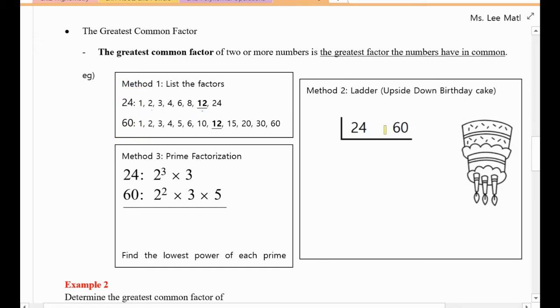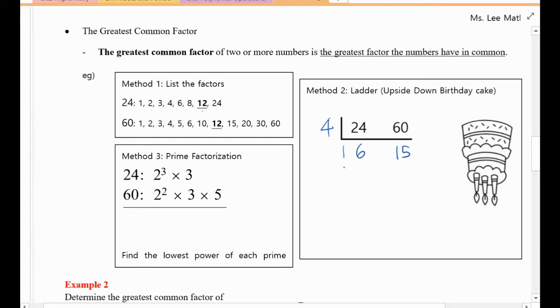Second method, I actually really like the second method. So here, you have 24 and 60. You're going to find a number that divides both 24 and 60. Let's try 4. It doesn't have to be a prime number. Then 24 and 60 become 6 and 15.